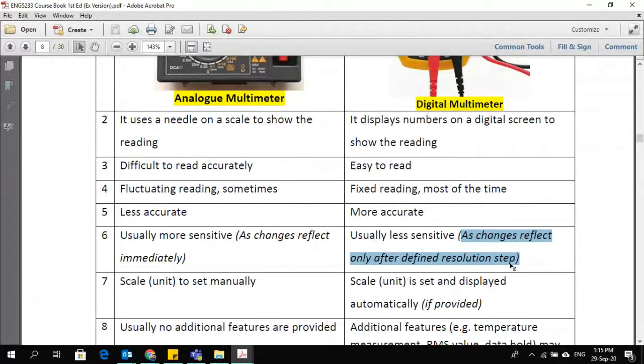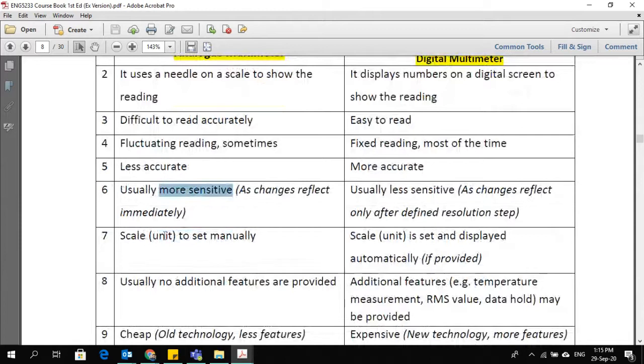Resolution, if you remember, we discussed in the previous lecture, is the smallest amount of change that a meter can detect. So digital is a bit less sensitive, but analog is more sensitive because the needle is immediately deflecting as soon as the input is changing.